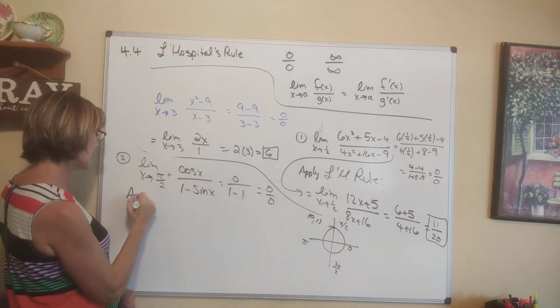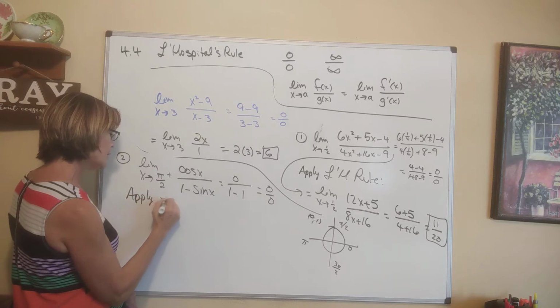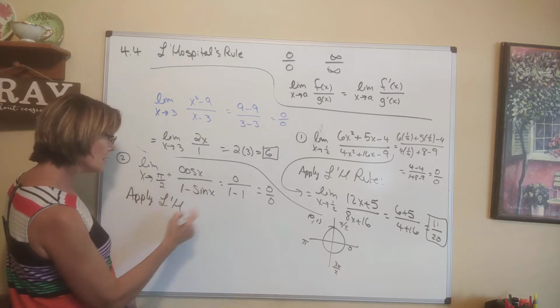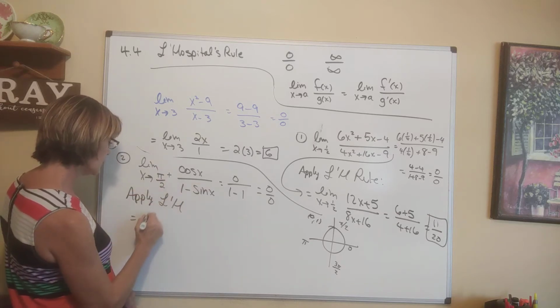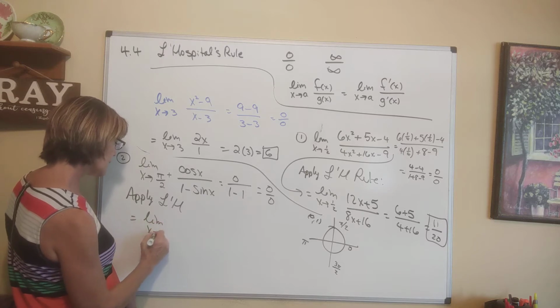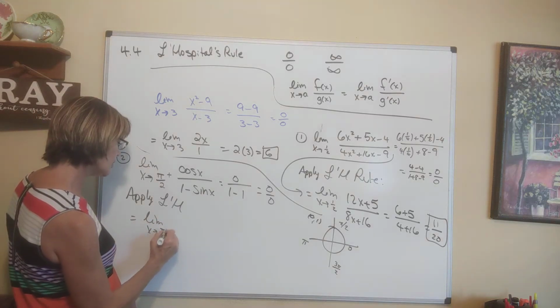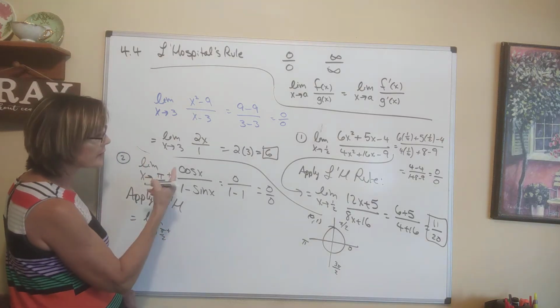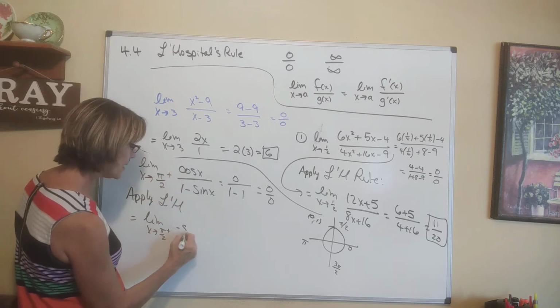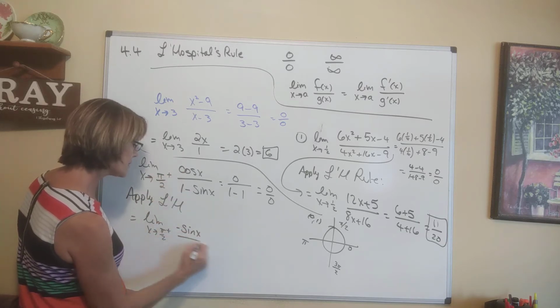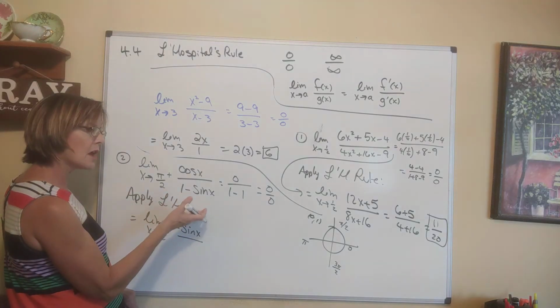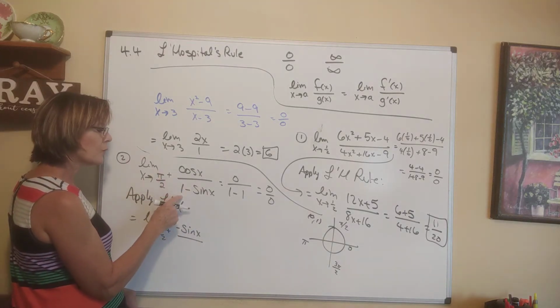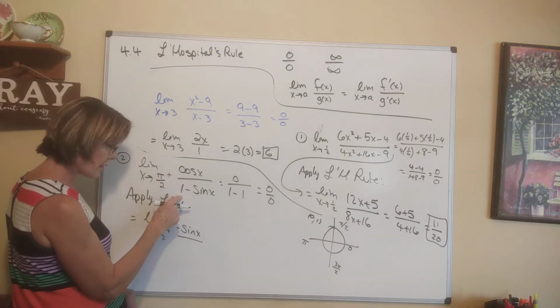So we can use L'Hopital's rule. So let's apply L'Hopital's rule. It goes like this. This is equal to the limit as x approaches pi over 2 from the right of the derivative of cosine, which is negative sine of x, over the derivative of the denominator. The derivative of 1, which is a constant, is 0.